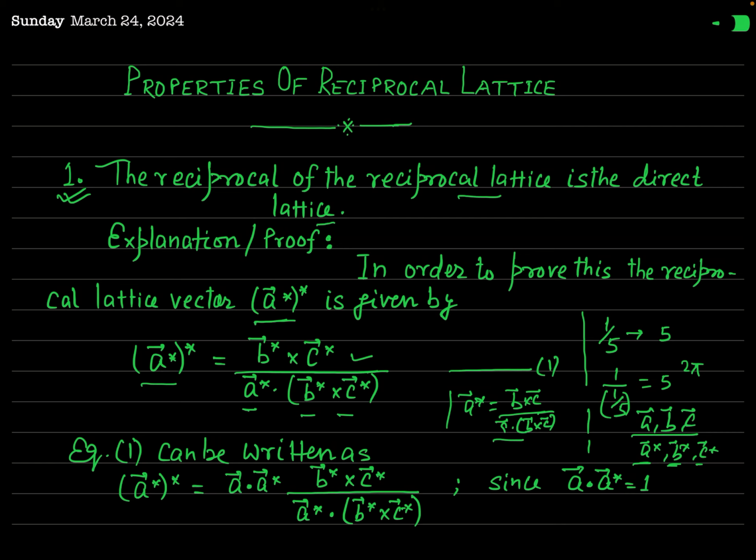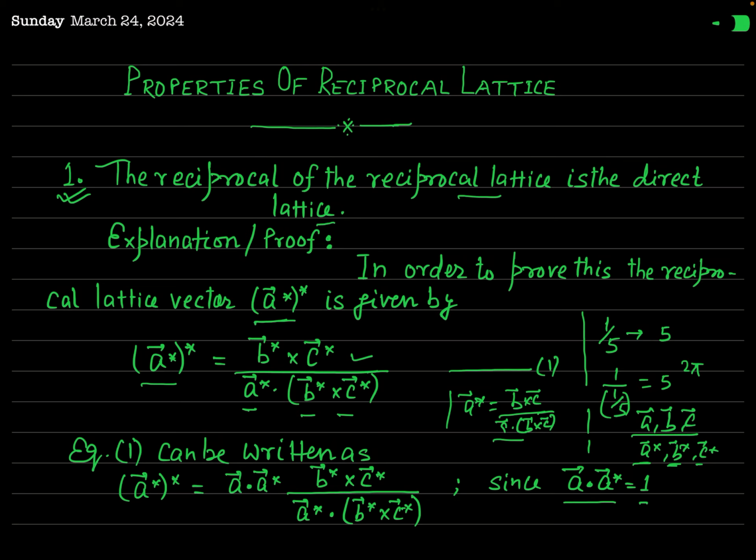Now, in the first lecture, we discussed some important properties of the reciprocal lattice, and you have seen that the scalar product A dot A star is equal to 1.